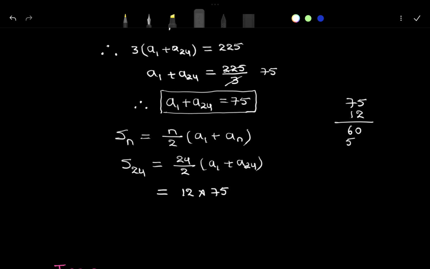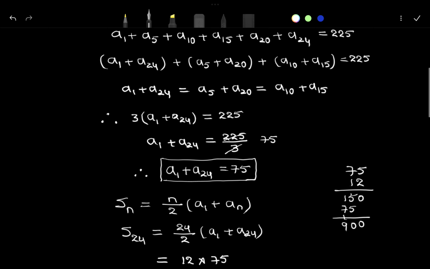Or otherwise you can calculate like this: 2 fives are 10, 2 sevens are 14, and so on, giving 900. That means 12 into 75 is equal to 900. So the sum of the first 24 terms is 900.